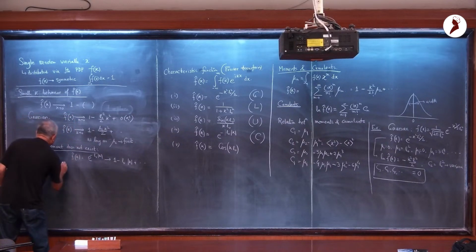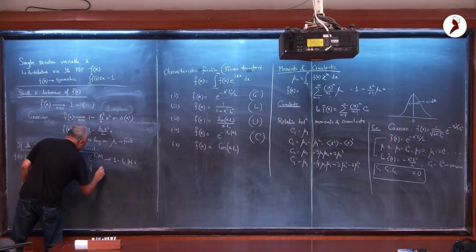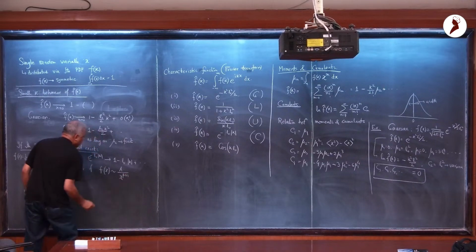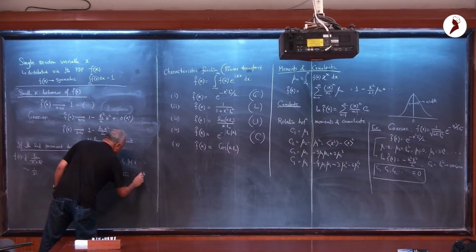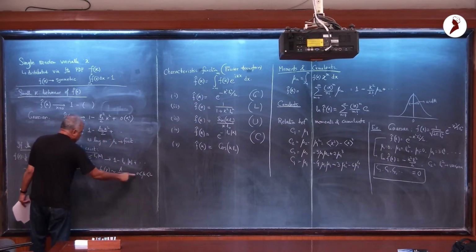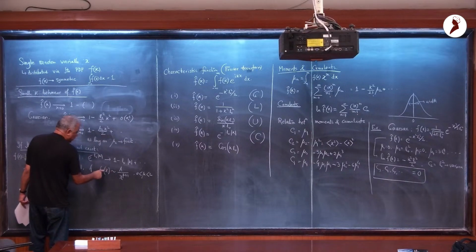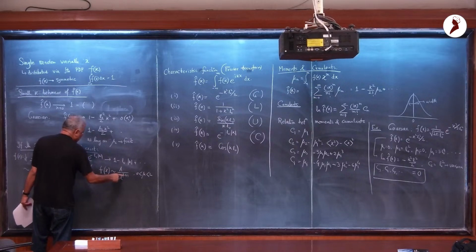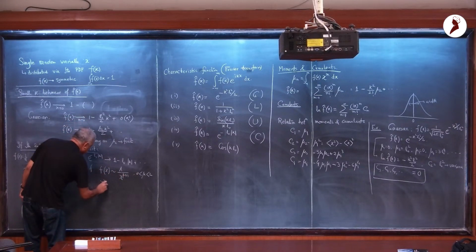And in general, if you have a power law tail, which goes like some amplitude A over x to the power mu plus 1, where mu is between 0 and 2. So mu has to be positive because this should be normalizable, okay? And mu has to be less than 2 because otherwise the second moment is divergent.